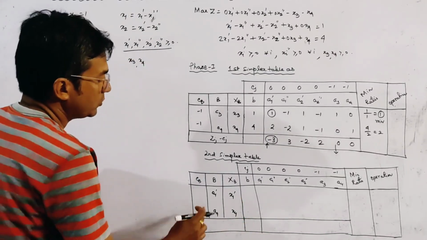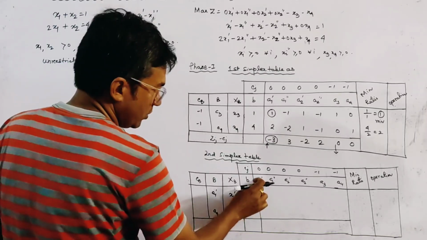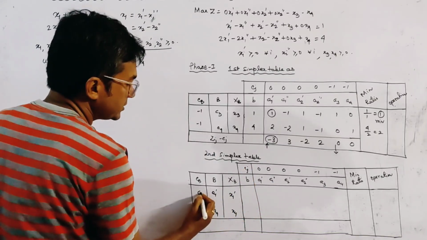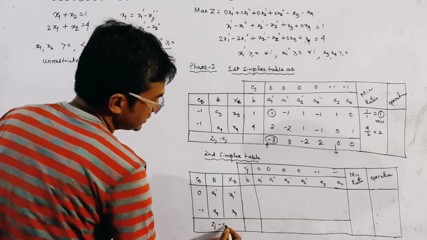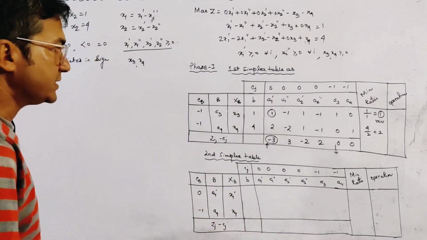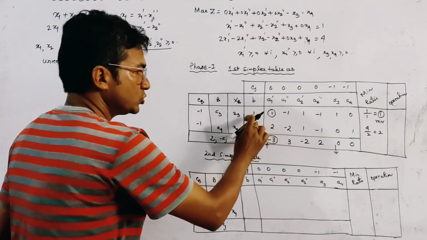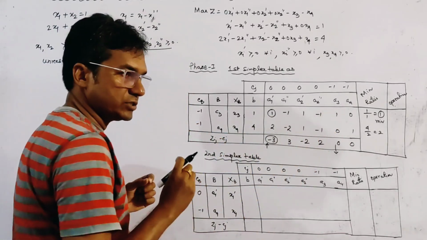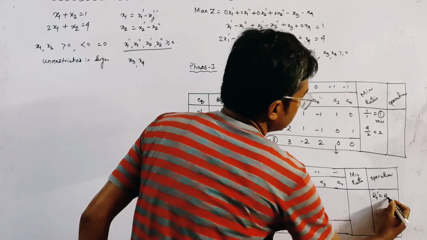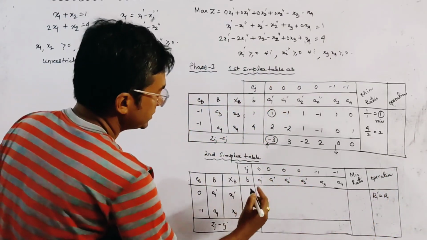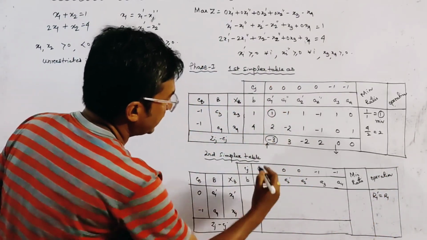We write a1' with first element 0 and then -1 for zj minus cj. Since the key element is 1, the first row remains unchanged, that is r1' = r1, and we write the first row as above.